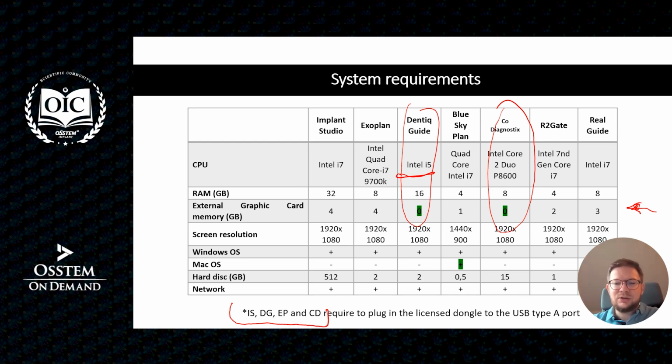So we need some additional dongle to put into the computer and then the license key into the port, which is not equipped on the new computers. So this is quite funny.